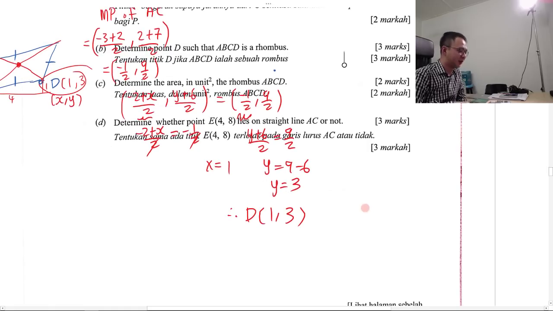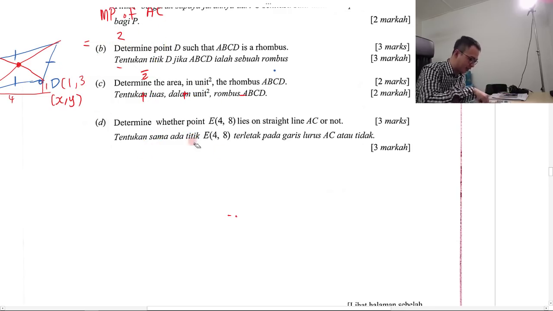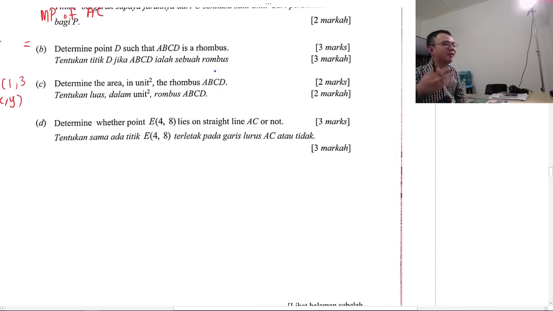Alright, and you realize it's actually lagging a little bit. But anyway, we got the coordinate D already. And in part D over here, they ask you to determine whether this coordinate lies on line AC or not. So the first thing is, you need to have the equation of AC, then you can prove whether it lies on AC or not.